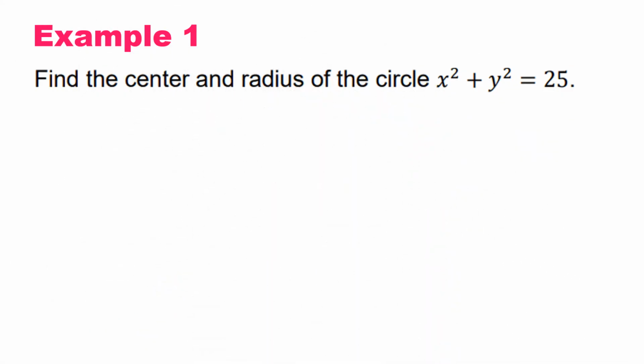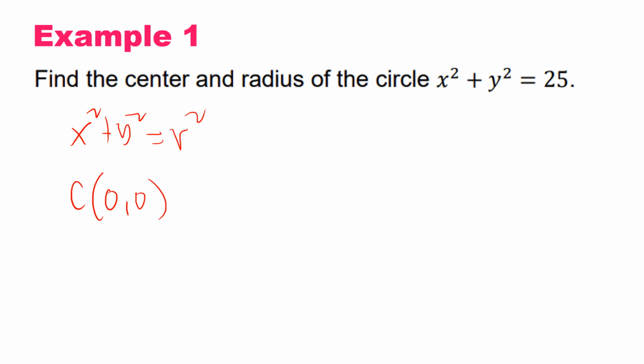Okay, so with those examples and with those forms of the equation, we can now find or apply finding the center and radius of the circle given kanang x squared plus y squared equals 25. So since this is in the form x squared plus y squared equals r squared, then this is actually a circle whose radius is at the origin. So therefore, the center must be 0, 0.